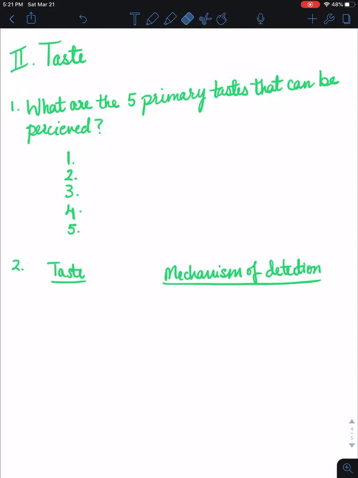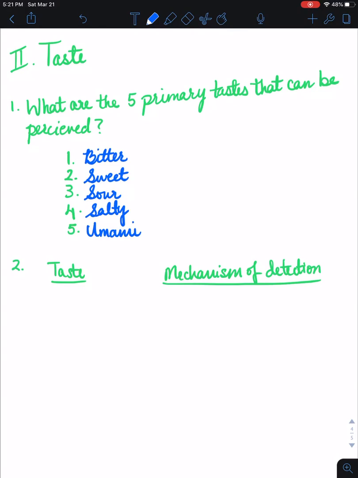So the 5 primary tastes that can be perceived are bitter, sweet, sour, and salty, and umami.